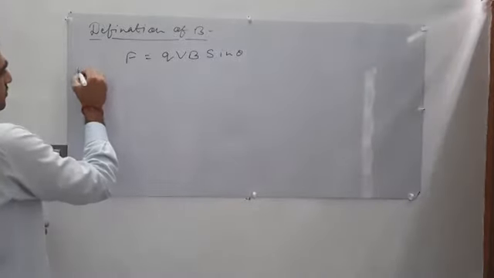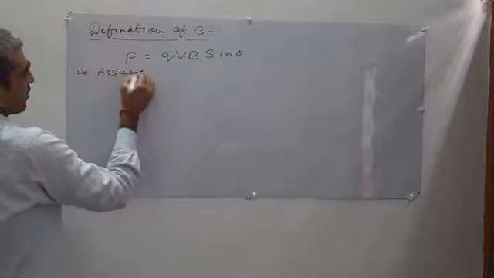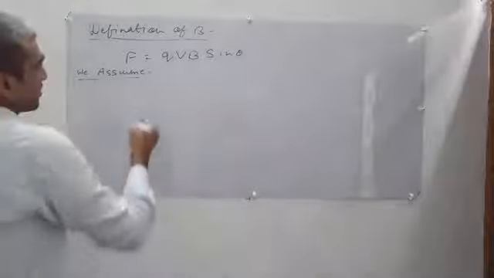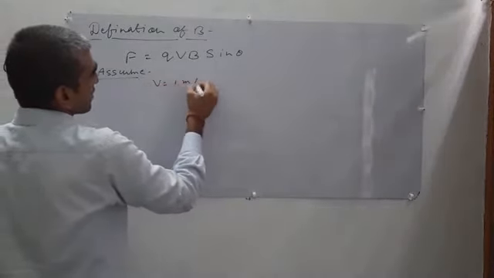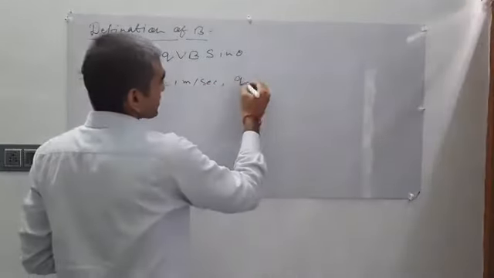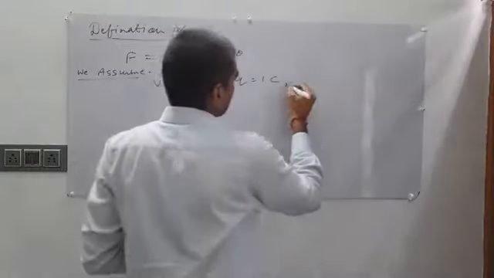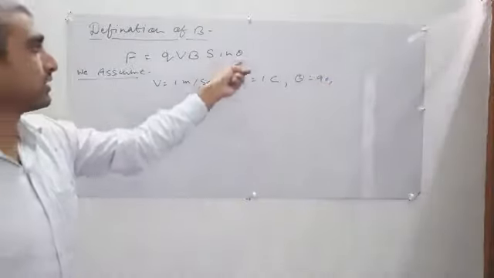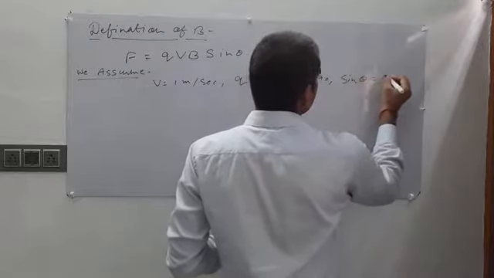We assume our velocity is 1 meter per second, and our charge is 1 coulomb, and theta is 90 degrees. Then what will be the value of sin theta? Sin theta will be 1.